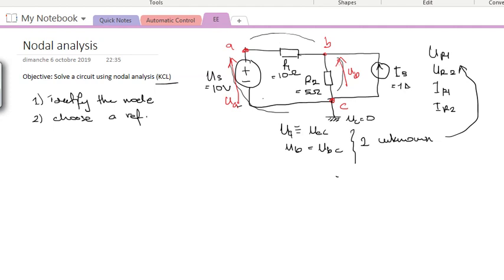UA, the voltage between A and C, UAC, is basically equal to US. So we have now identified that UAC is basically US. So there are now not two unknowns, but only one unknown.